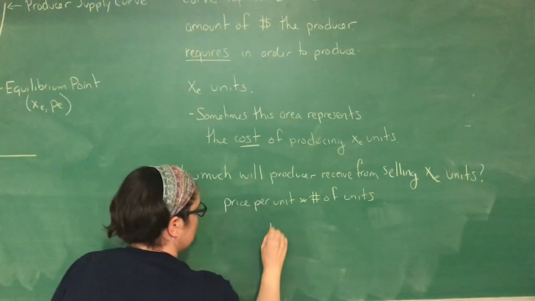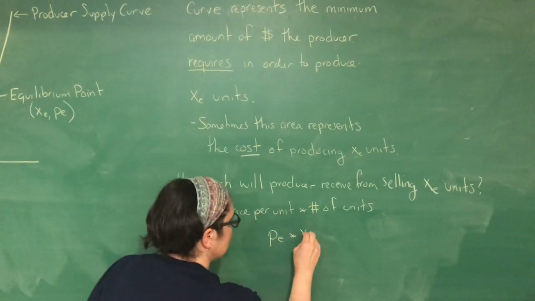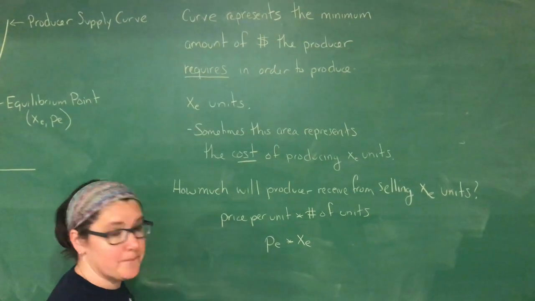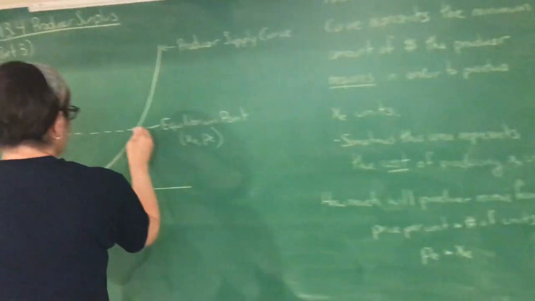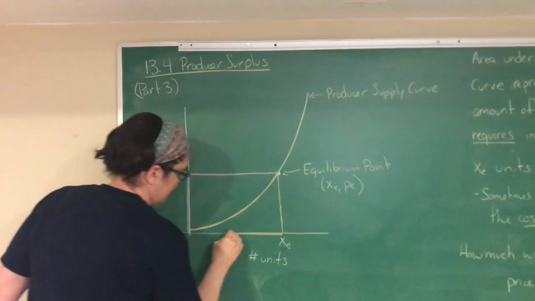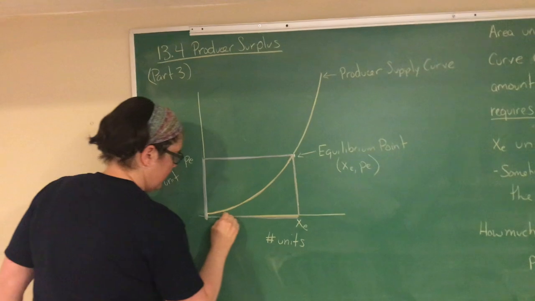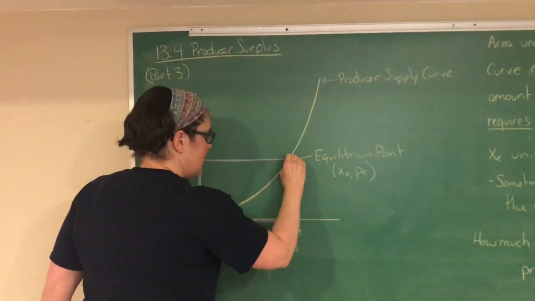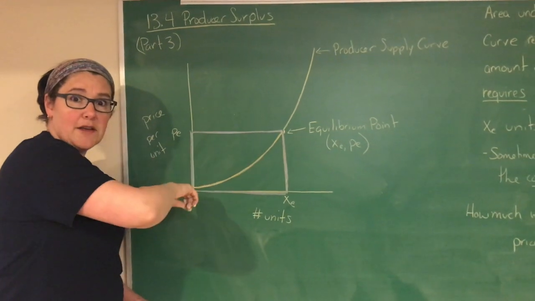So the price per unit is our equilibrium price, and our number of units is our equilibrium quantity. This is represented by the area of this entire purple rectangle around the outside. So the amount of money that the producer receives is represented by this purple rectangle.